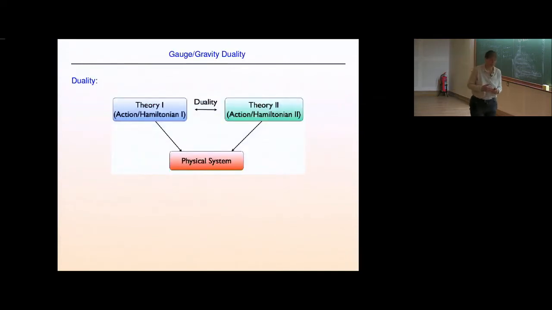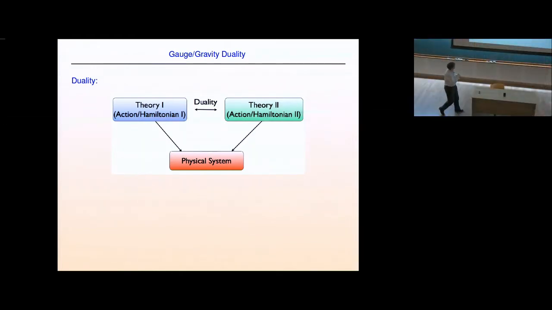Okay, so let me begin very simply. What is actually a duality? Well, this word duality has many meanings, both in physics and in mathematics. Here I'm going to use a very physical working definition. Imagine you have some physical system which you can study in your theory or in your lab, and then you discover that you actually have two different theories.